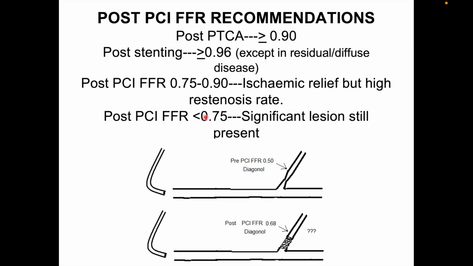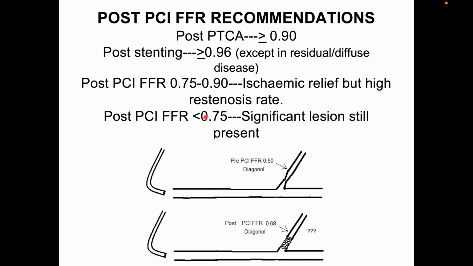Post stenting it should be 0.96 or more, except if there is residual or diffuse disease. If the post-PCI FFR is between 0.75 to 0.90, there would be ischemic relief, but there is high restenosis rate. And if the post-PCI FFR is less than 0.75, there is some significant lesion that is being missed.